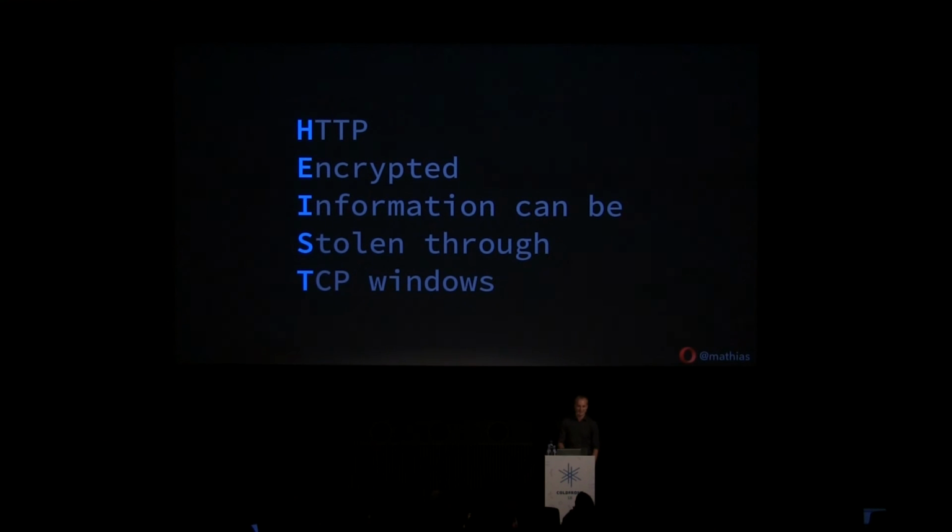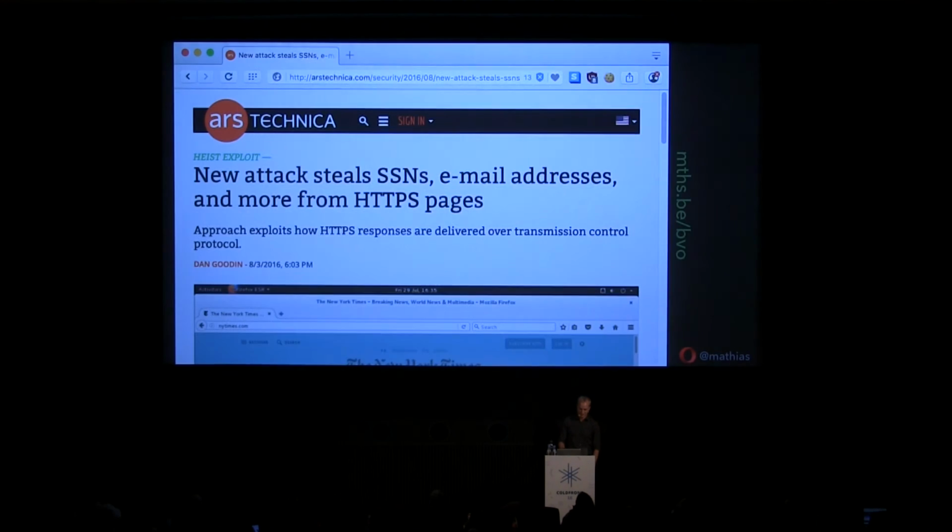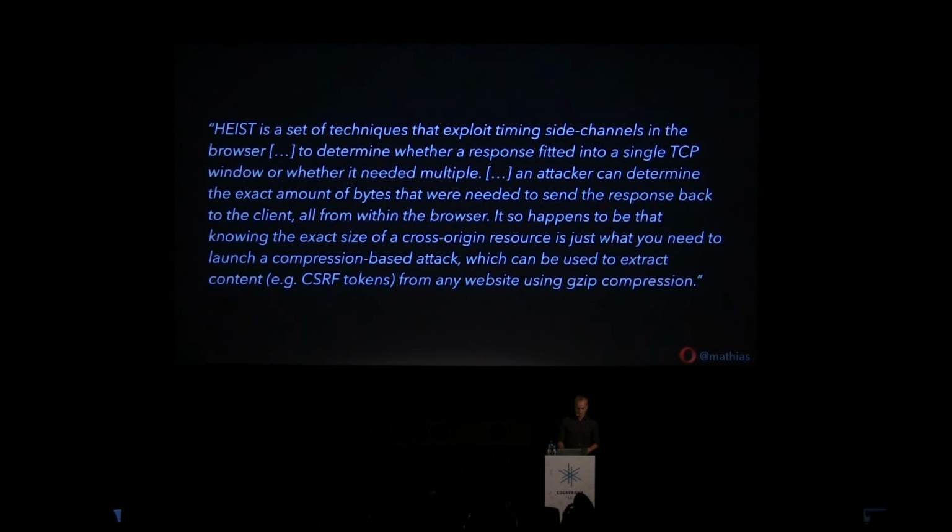Here's how Ars Technica summarizes their research. The new attack is capable of stealing social security numbers, email addresses, and more from HTTPS protected pages. That's pretty much a catastrophe for the modern internet, right? Well, and here's what the authors of the paper had to say about their exploits.